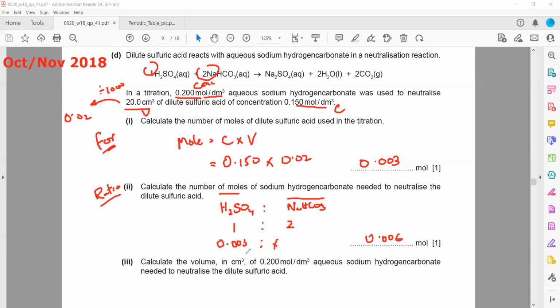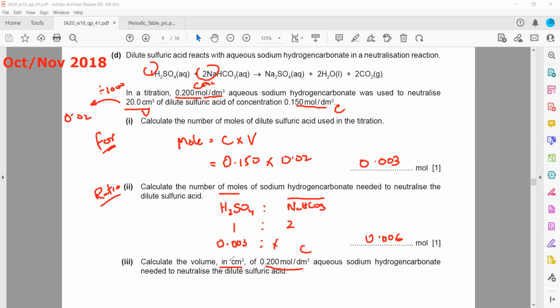The next one: calculate the volume in cm cube for 0.2 mole per dm cube concentration, which is needed to neutralize the dilute sulfuric acid. So if you want to neutralize this dilute sulfuric acid, we have the moles and we have the concentration.